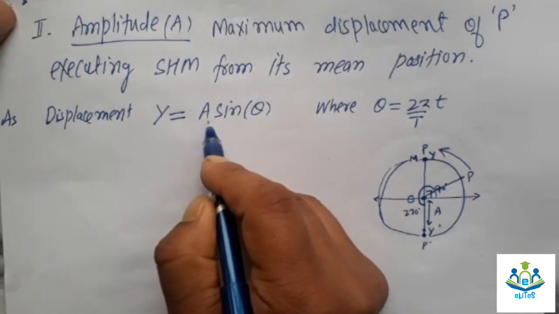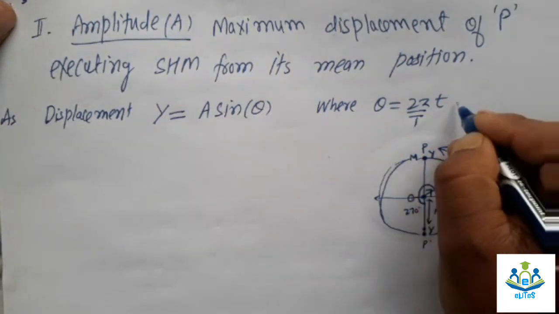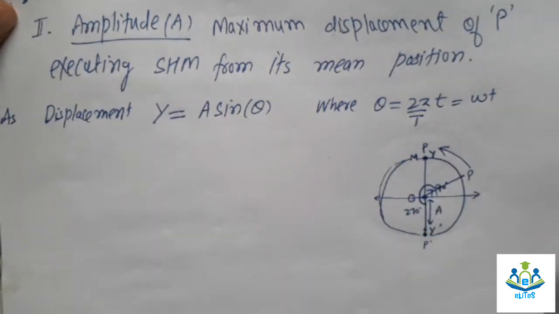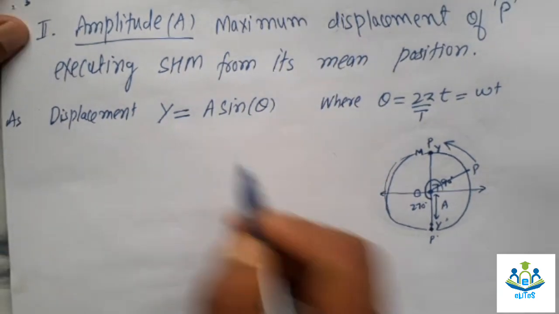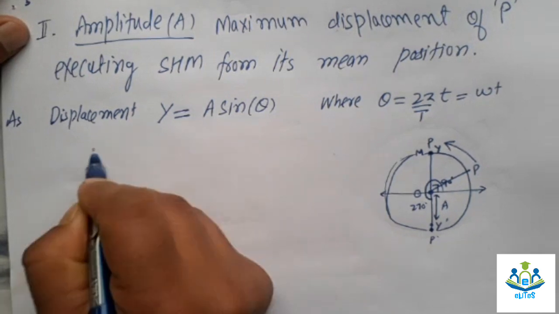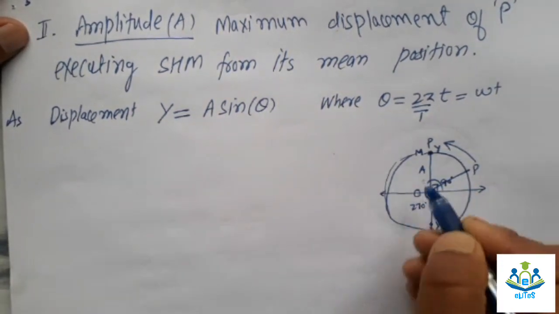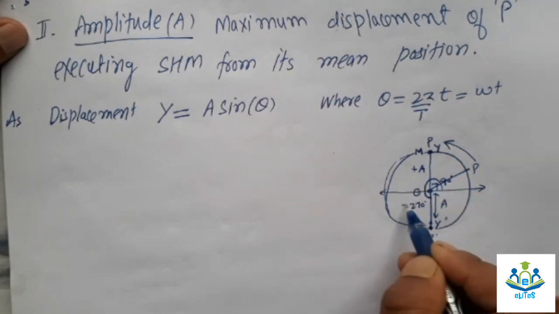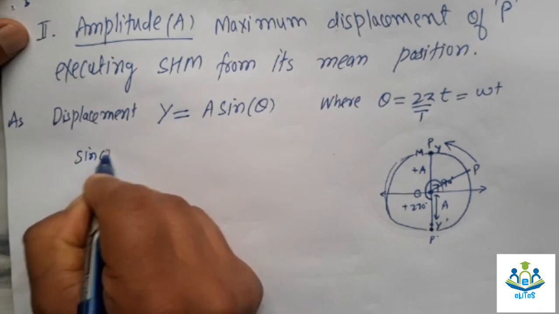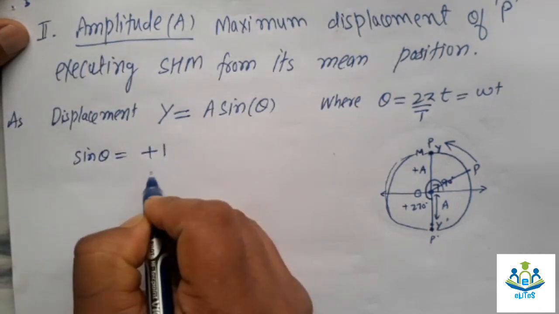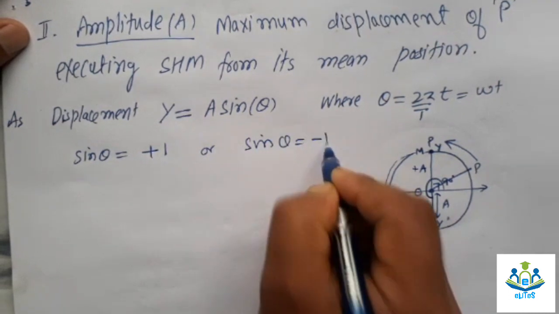Displacement y is equal to a sine theta, where theta is 2 pi by T, or omega t, as you have seen. So y is maximum, plus a or minus a, only if sine theta is either plus 1 or minus 1.